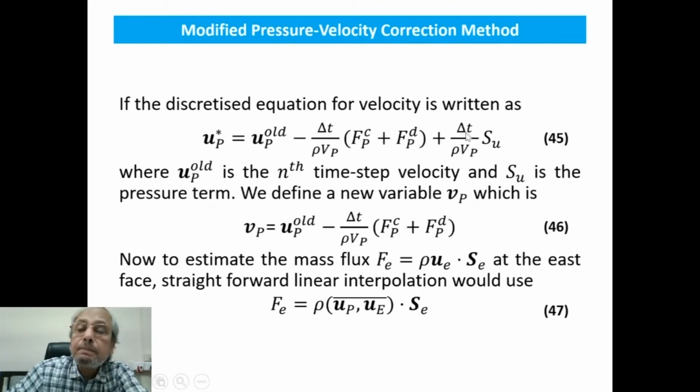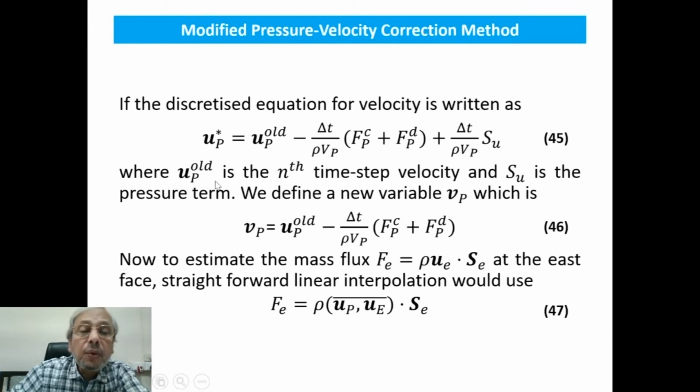Then again delta T, from the left hand side, has come to this side, divided by rho times the volume of the cell P. This is equation 45. We have to remember equation 45 throughout in order to properly understand the modified pressure velocity correction method.